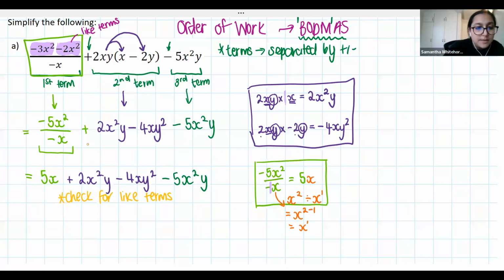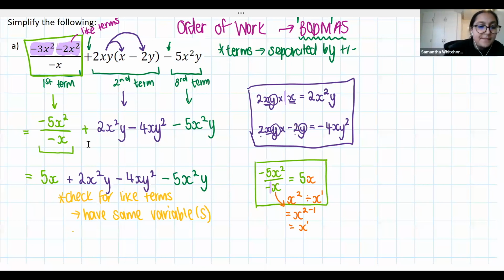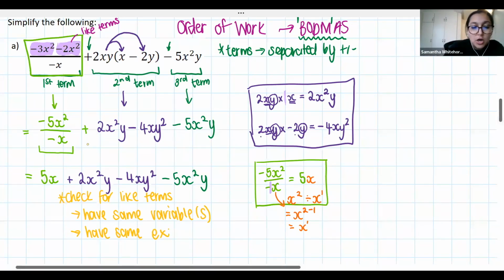Like terms have the same variable or variables, so x, xy, xyz, whatever, and they have the same exponent. So that means x and x squared are not like terms because they've got 2 different exponents.